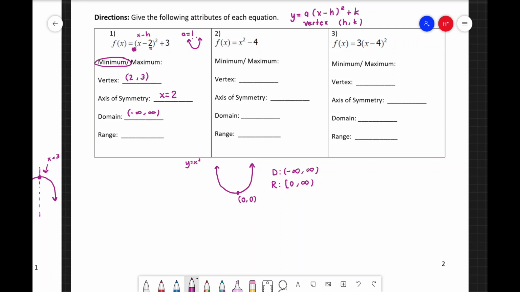If you need to graph to find the domain and the range, that's absolutely fine. Now for the range, we moved up 3. So my lowest value is no longer 0. My lowest y value is now 3. So my range now goes from 3 to infinity.